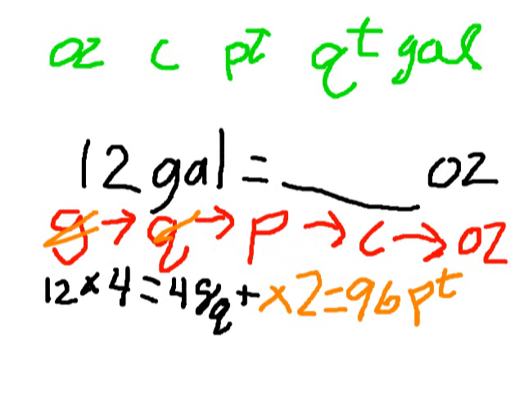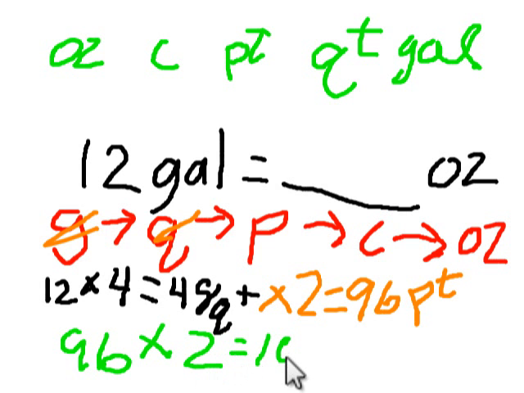So now I want to change pints into cups. To change pints into cups, I'm going to take 96 and multiply that by 2, because there are 2 cups in a pint, and that is 192 cups. But why stop there when we're on a roll?